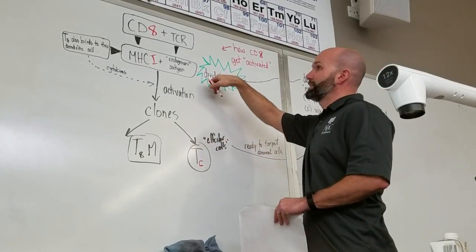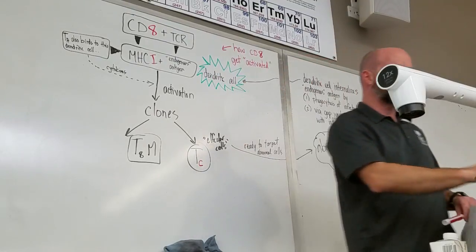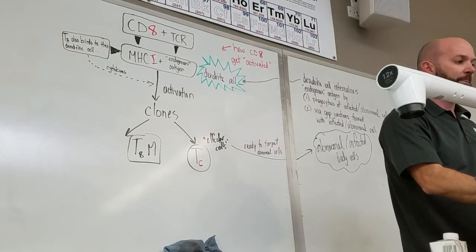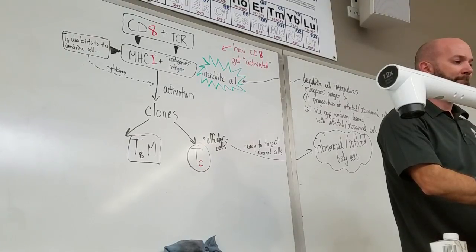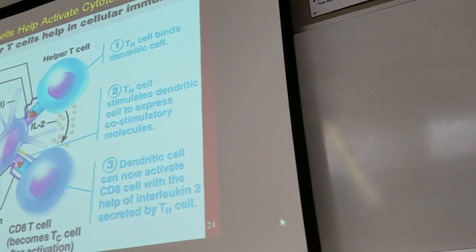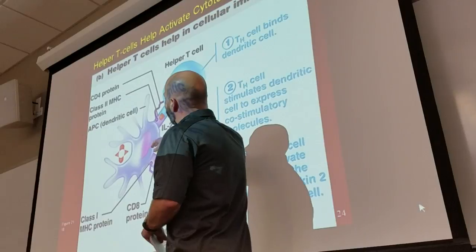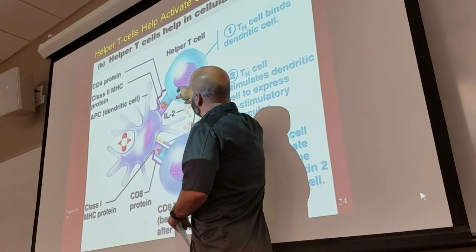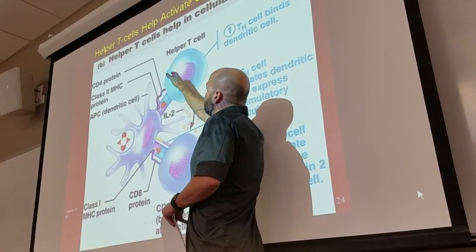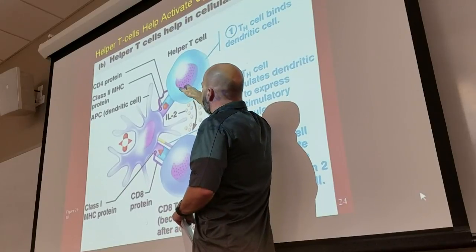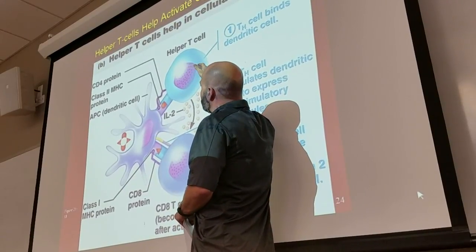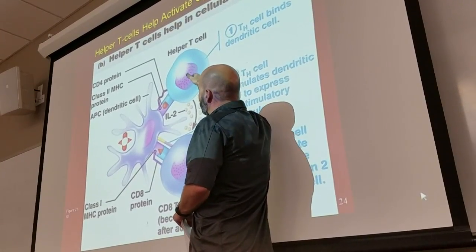So your dendritic cell, and we had an image of this. I can put it up. So the dendritic cell is using its class 2 to communicate with the helper. So we've already gone through, we've activated CD4, we've made our helper Ts.